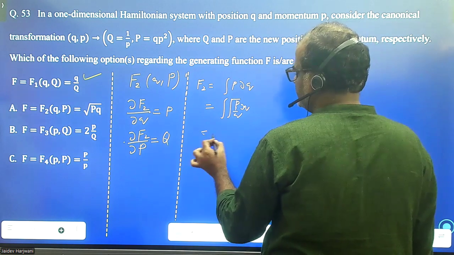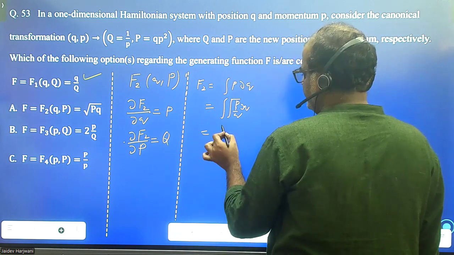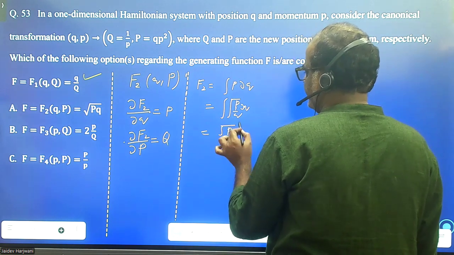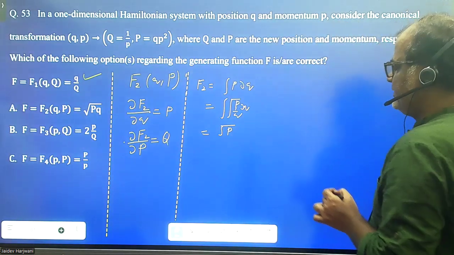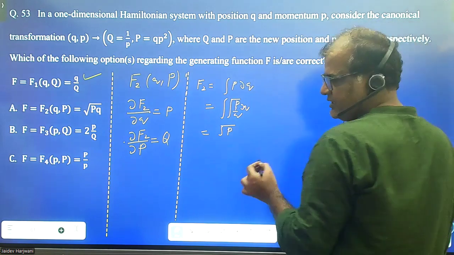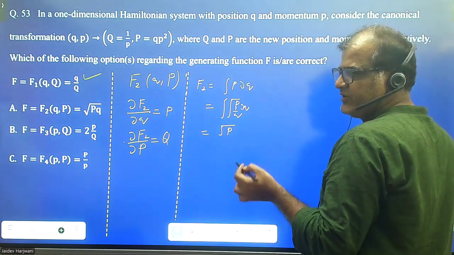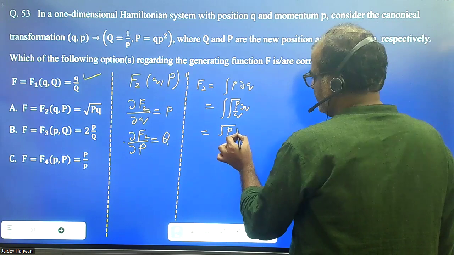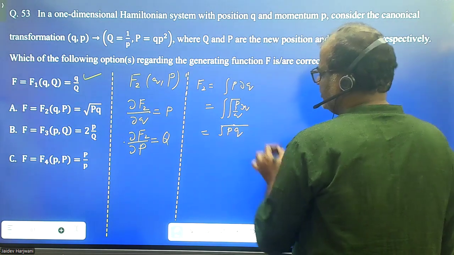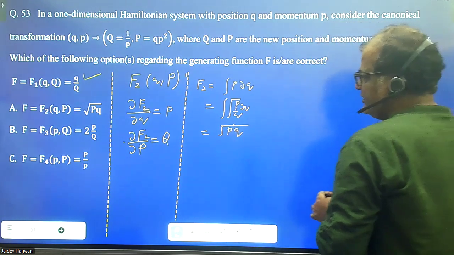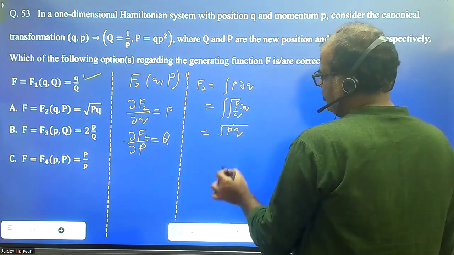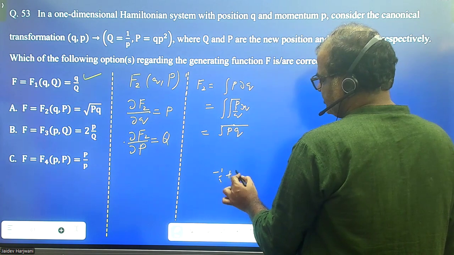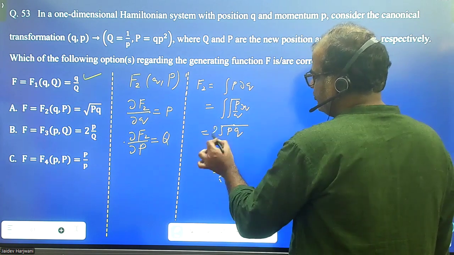And now if I solve this, this will be root P and q power minus half. If we integrate q power minus half, this will become minus half plus 1, so plus half, q power plus half, divided by half, so this comes as 2 here.